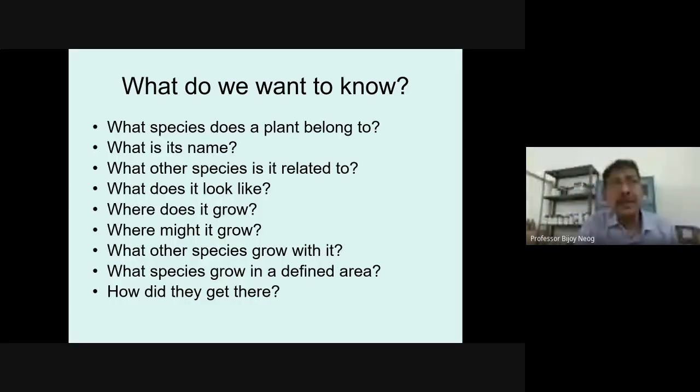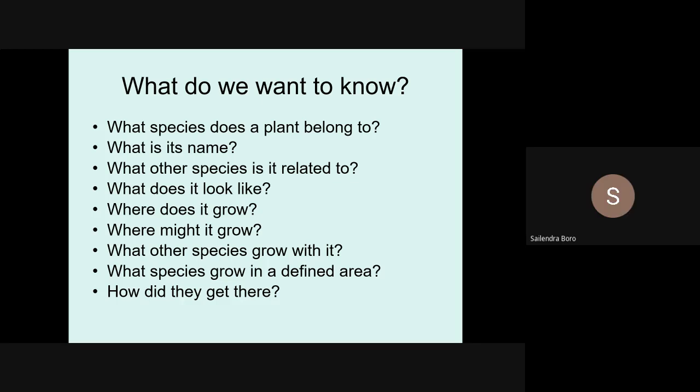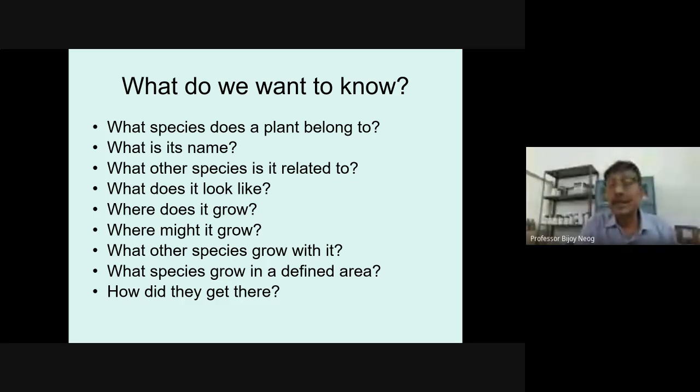The simple area is what species a plant belongs to, what is its name, as we do in botanical nomenclature and other things. What plants grow near it, and what is the specific area.